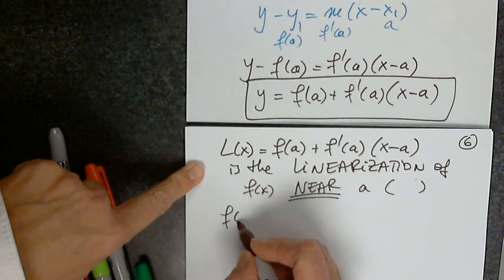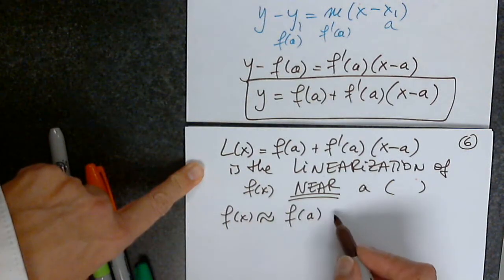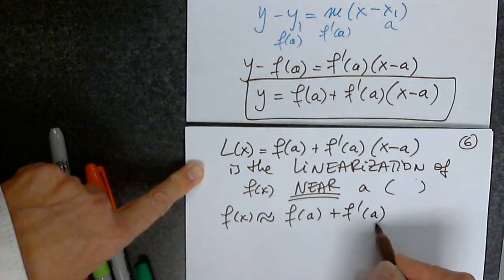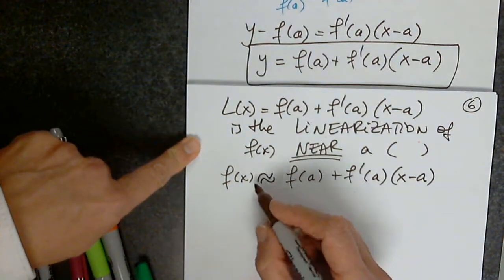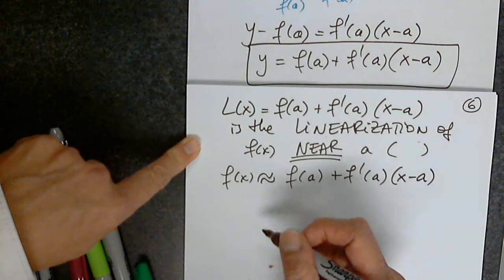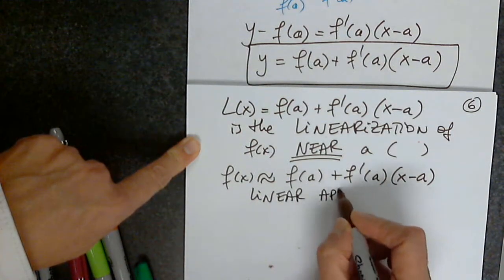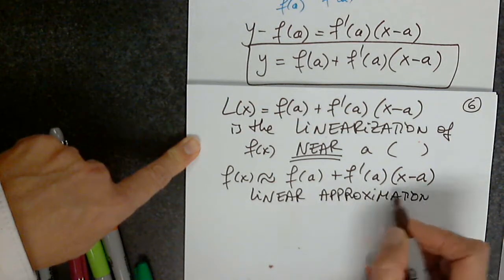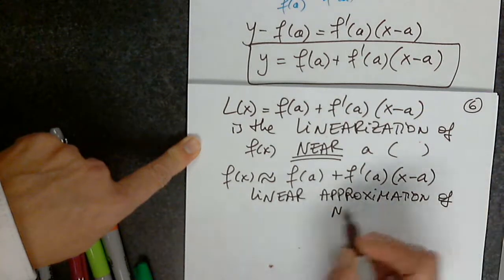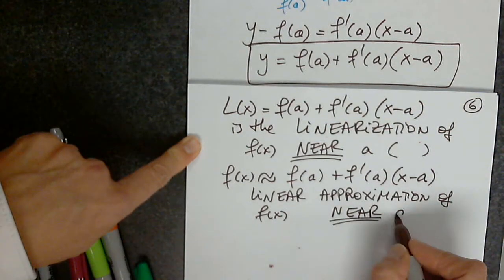Because we can say that f of x is approximately equal to f of a plus f prime of a times x minus a, of course. So this is the linear approximation of f of x near a.